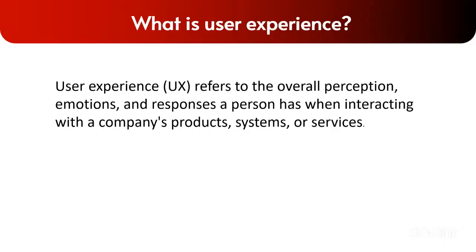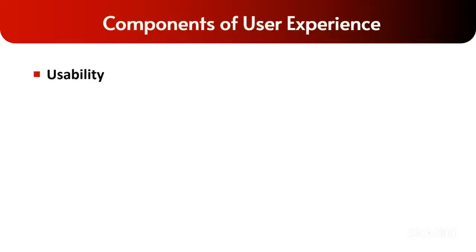Just like we talked about components of user interface, we also have different components of user experience. And for user experience, one of the most important things is the product. Please, when I talk about product in this case, it could be a mobile app, it could be a website, it could be a desktop app that runs on your computer. How usable is it?